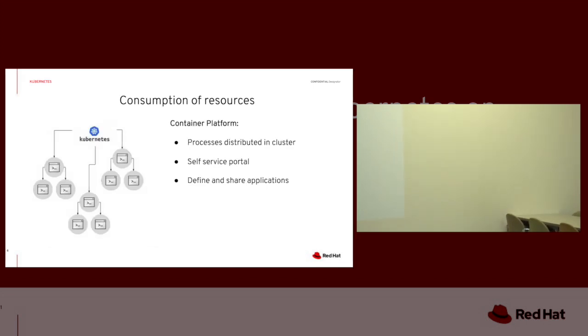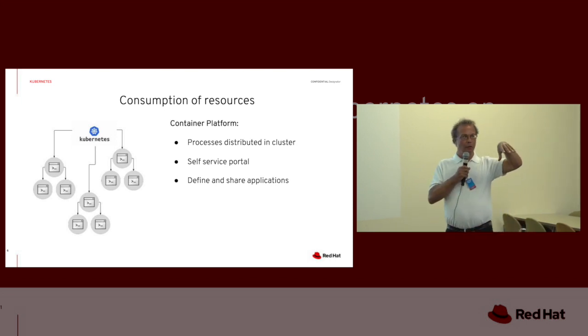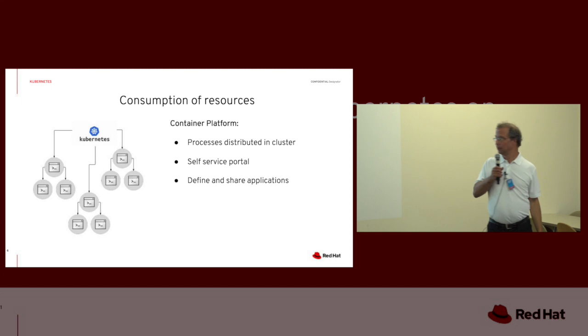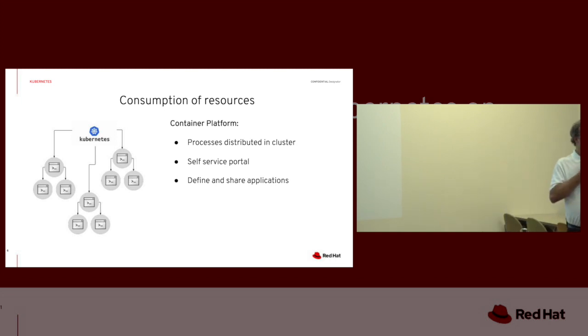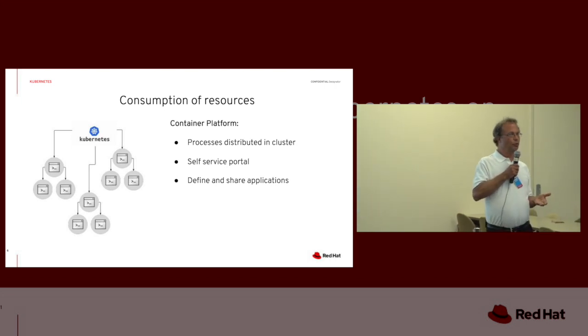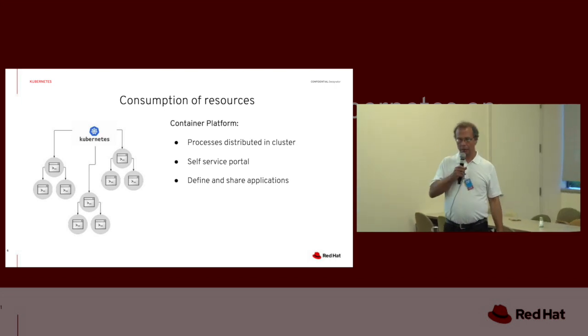Then Kubernetes comes along and consumes the resources, and it uses those API calls as we saw earlier. The container sits on top, and it simply consumes whatever OpenStack has provided for it. For those who've seen Kubernetes, there's the dashboard, there's the API layer, the CLI, whichever way you want to consume it, it's there and available.